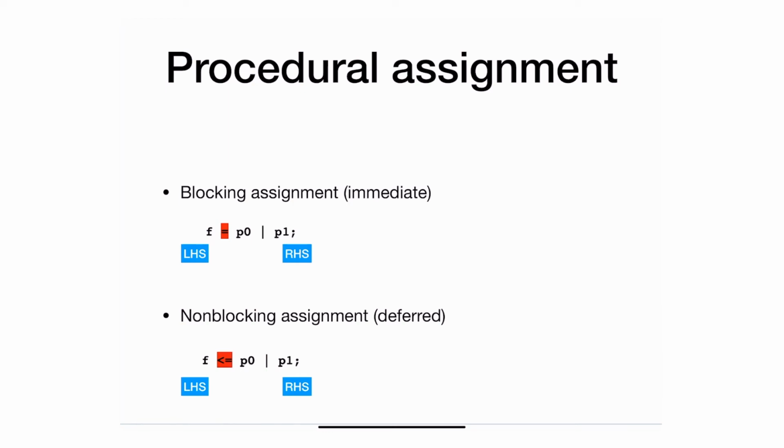The non-blocking assignment, on the other hand, uses a less-than-or-equal sign. It's called non-blocking because the right-hand side gets evaluated, but it doesn't get assigned to F immediately. It gets deferred to the very end of the always block, and at that point it actually assigns it. Generally speaking, we use blocking assignments with combinational circuits and non-blocking assignments with sequential circuits.